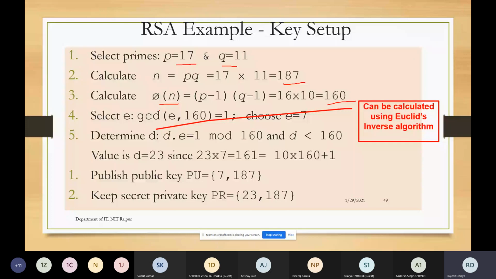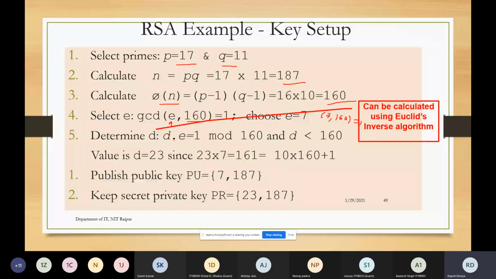Then we need to calculate the GCD of the number we are going to take with 160. Let us assume that E is 7. This E can be anything, but one needs to ensure that it is co-prime to this number. If we compare 7 with 160, their GCD is going to be 1. Then we have to choose one more number D such that it is the inverse of E.